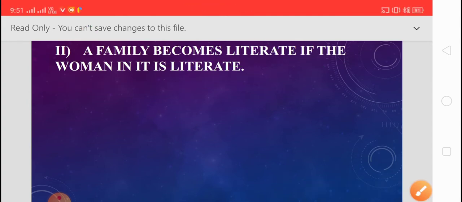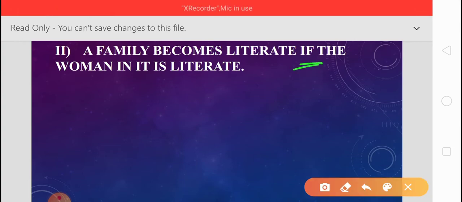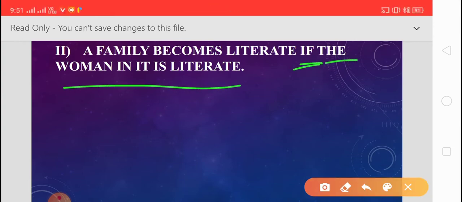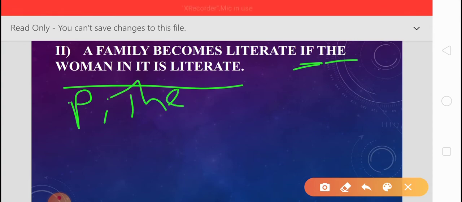So friends, always remember, if the given statement is the P statement, then the remaining statement is the Q statement. So what is the P statement here? Yes, the woman in a family is literate.